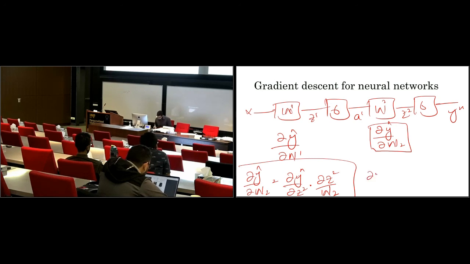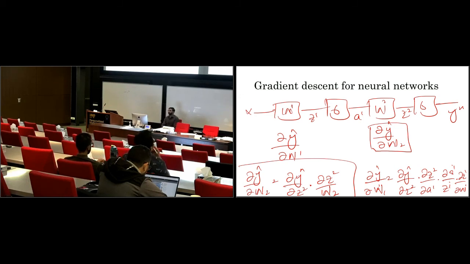So I'm going to say the gradient of Y hat with respect to W1. That would be the gradient of Y hat with respect to Z2 times the gradient of Z2 with respect to A1 times the gradient of A1 with respect to Z1 times the gradient of Z1 with respect to W1. So nothing is stopping us from calculating both of them simultaneously.